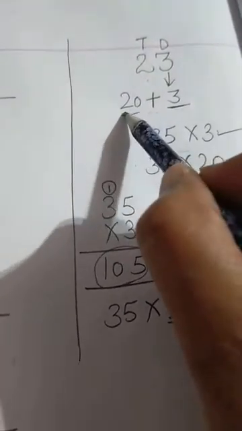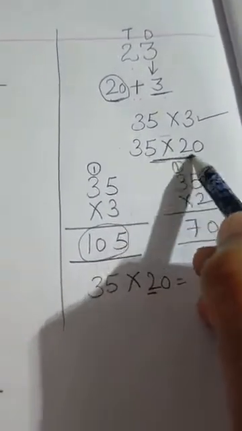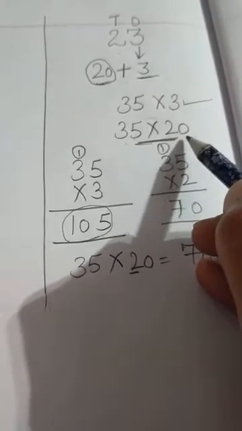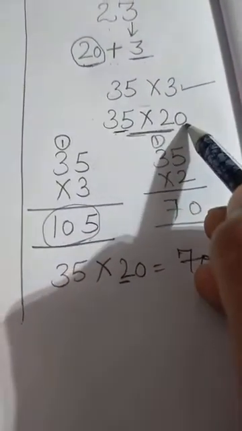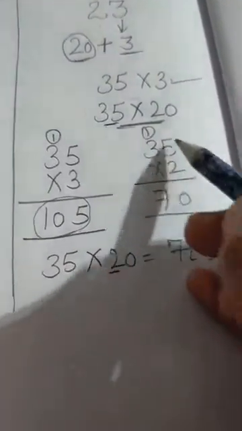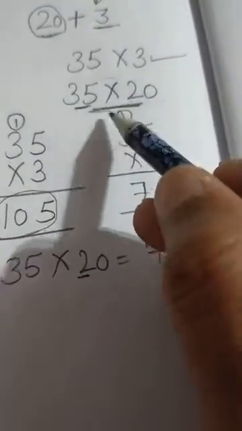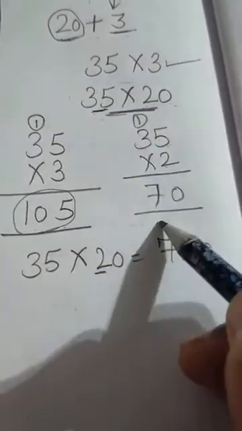The second step is that 35 will be multiplied by 20. Here is the multiplication by zeros. How will we do that? We will multiply 35 by 2 and write this 0 with the answer of that multiplication. 35 multiplied by 2: 2 5s are 10, 1 carry, 2 3s are 6 and 1, 7.